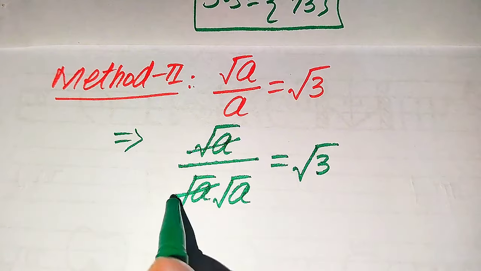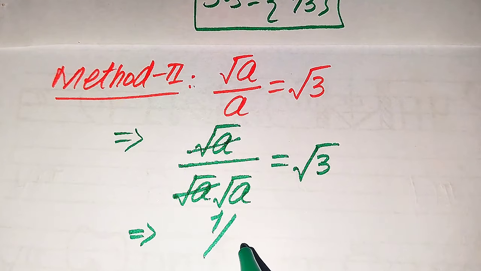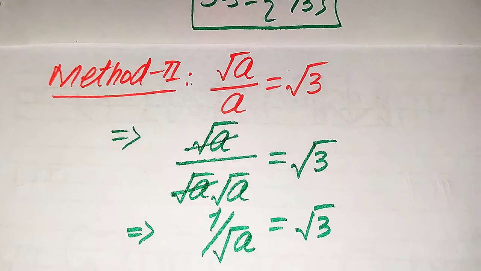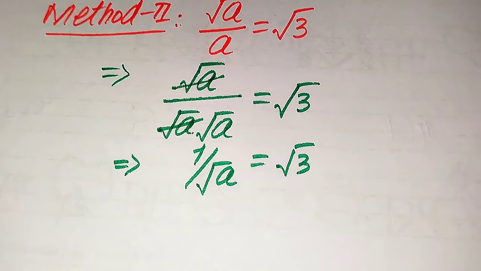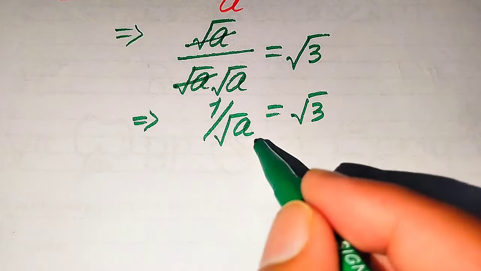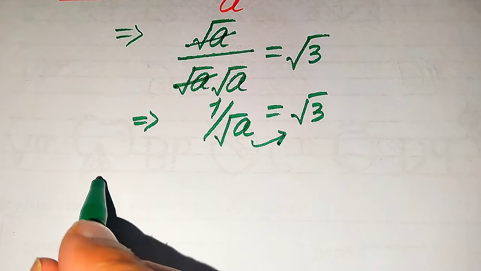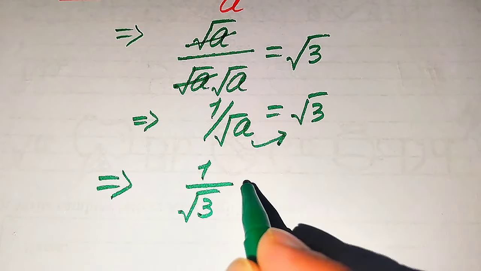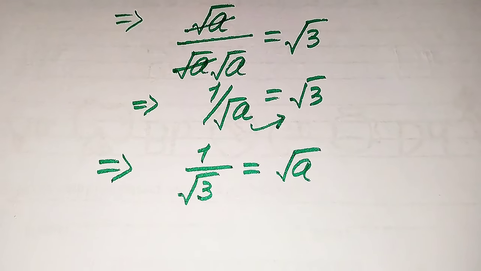So this square root of a and this square root of a cancel out each other, and we get 1 divided by square root of a equals square root of 3. Because our target is to find the value of a, we move the square root of a to the right hand side, and we move square root of 3 to the left hand side. After interchanging these two values, it is written as 1 over square root of 3 equals square root of a.